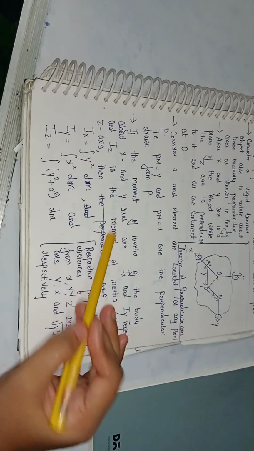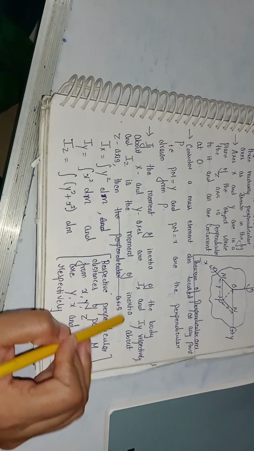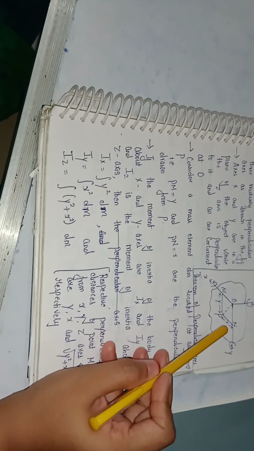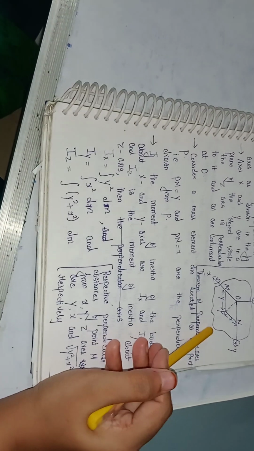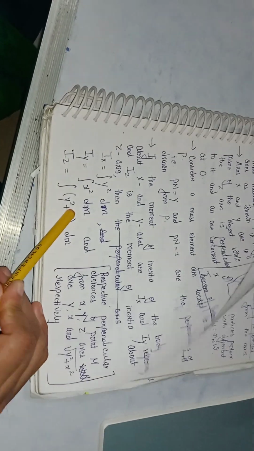If the moments of inertia of the body about x, y and z are Ix, Iy and Iz respectively, the moments of inertia about the axes are Ix is y square dm and Iy is x square dm. For Iz you will add these.